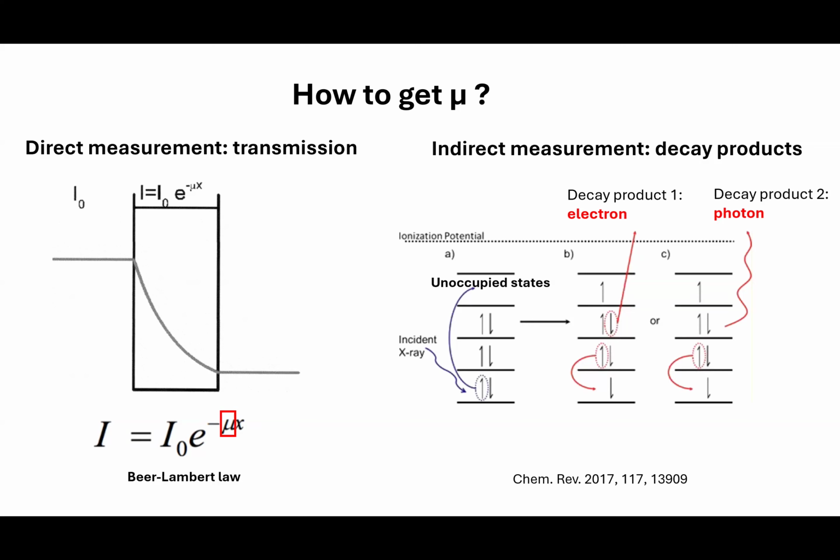If we have too thick a sample, X-rays will not go through, and we cannot measure any I-t, right? And the data will be a disaster. Of course, that is the case where it's too thick to go through.